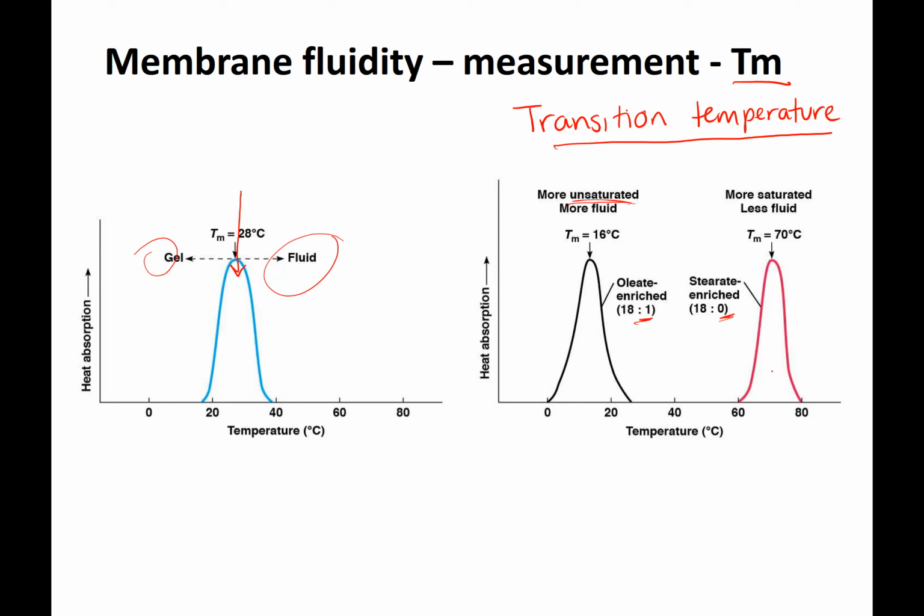So that 18 stands for number of carbons in the chain, and the 1 or 0 is the number of double bonds.